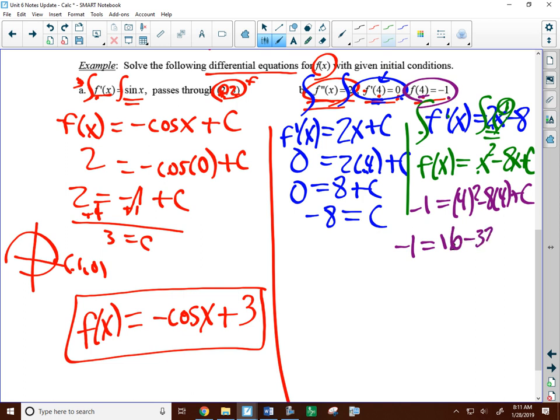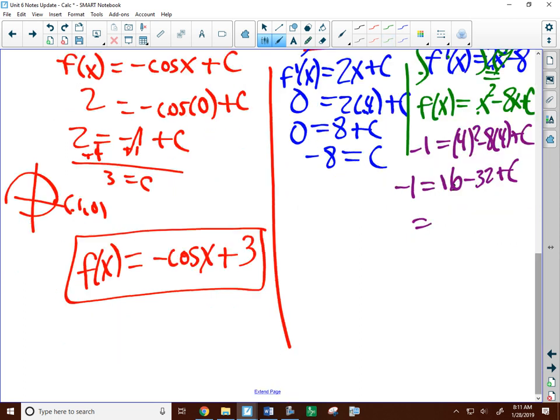Negative 8 times 4 is negative 32. 16 minus 32 is negative 16. Finally, I'll add 16. So negative 1 plus 16 will get 15.